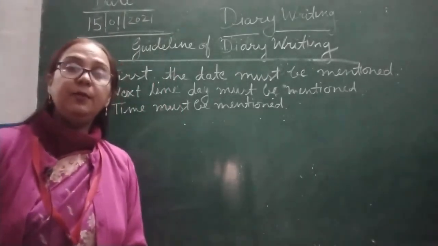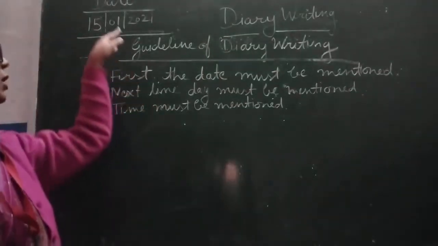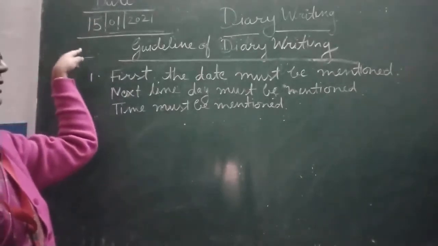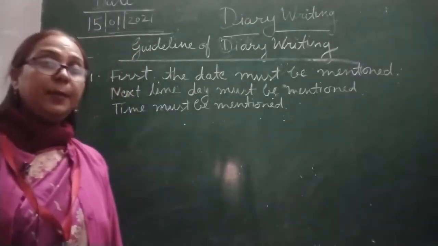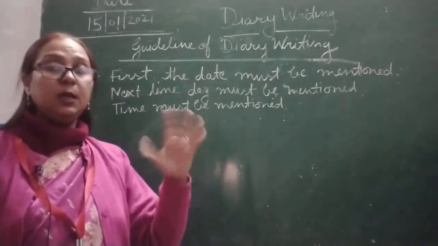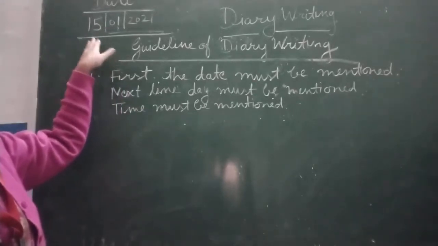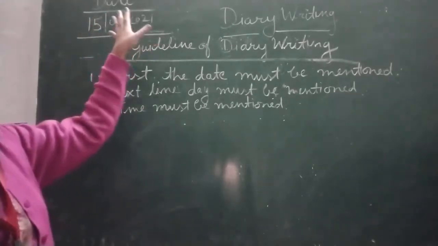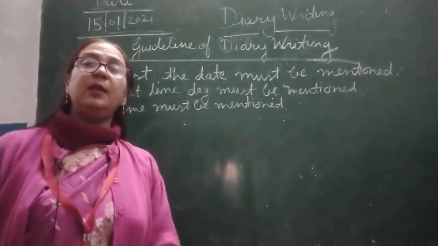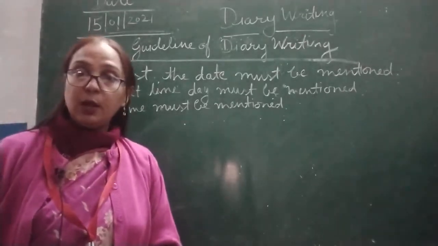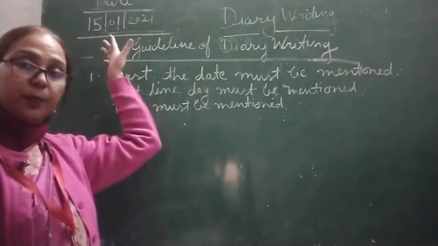If suppose today is Friday, the 15th, after 15th January 2021 we will write Friday, and the time at which we are writing the diary, at the top left corner of the page.